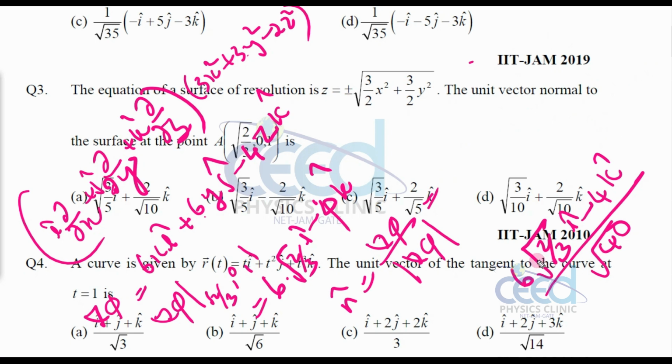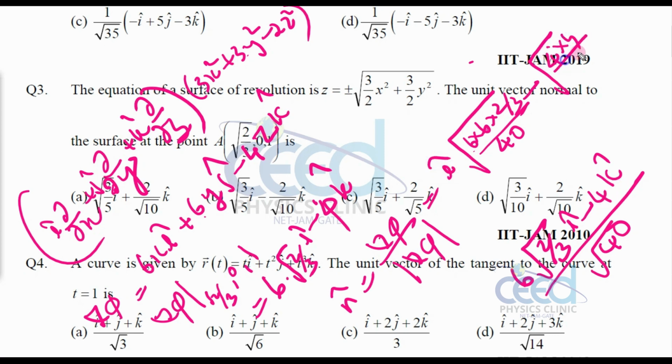I can take this 6 inside the root, so let me write this as 6 into 6 into 2 by 3 divided by 40, taking the i cap, minus 4 into 4 divided by 40. So this 4 cancels, 4 by 10, that is 2 by 5, right?